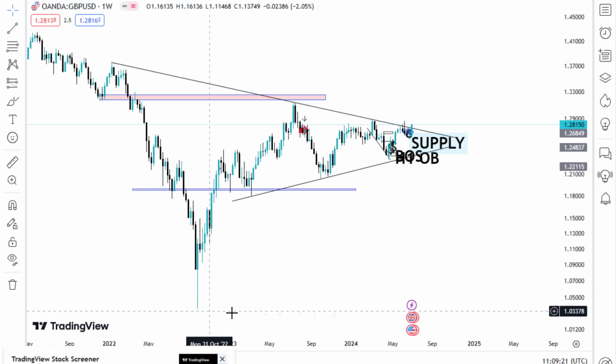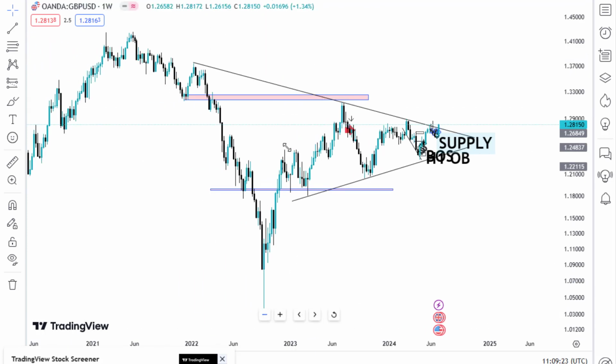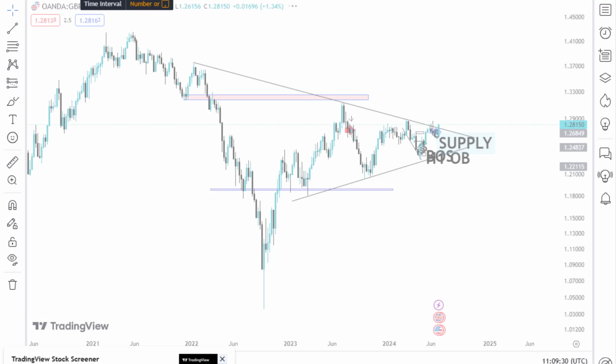If price breaks through that zone, then there is a possibility of price making it right up to these zones, but it is unlikely. We are going to observe GU for a while. Meanwhile, if you are trading based on the smaller time frames, you can probably get some scalping buy trades because price has broken through this trend line in those particular time frames, guys. So basically that's that.